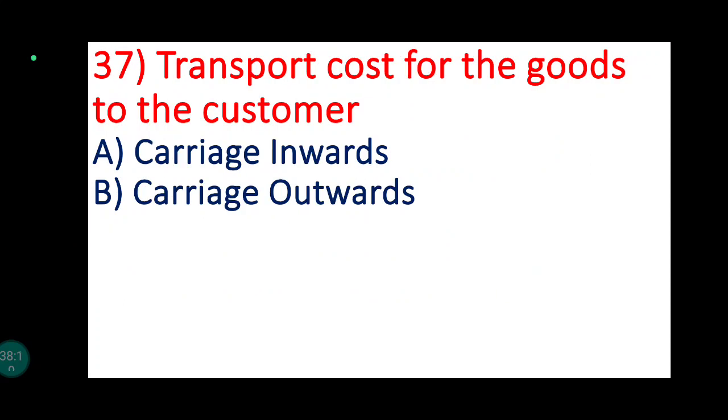Transport cost of the goods to the customers. Just we have seen this, that transport cost for the goods to the customers is known as carriage outward or carriage on sales. This is the cost of transporting goods to the customer's premises. Okay.